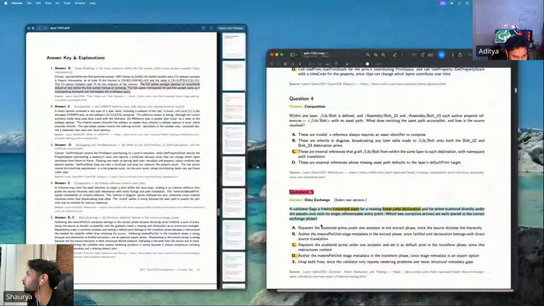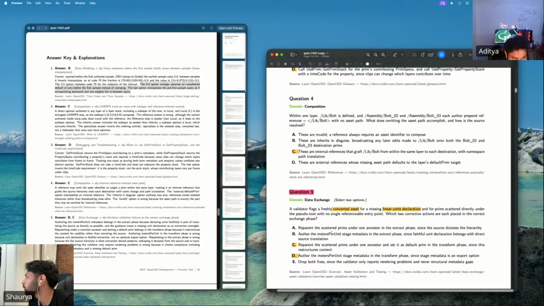Okay. A validator flags the freshly converted asset for a missing linear unit declaration and for prims scattered directly under the pseudo root with no single referenceable entry point. Which two corrective actions are each placed in the correct exchange phase?